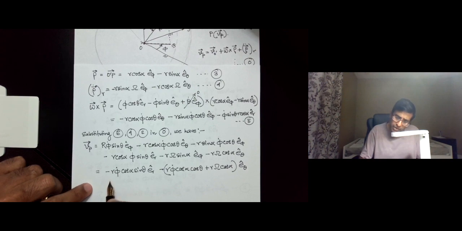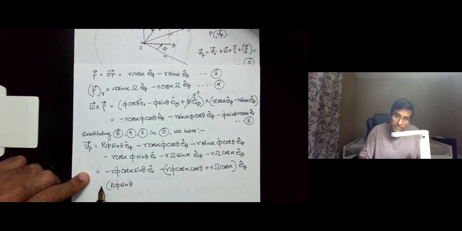And then we group together the terms that form the component in the e phi direction. So we have R phi dot sine theta, plus, minus small r phi dot sine alpha cosine theta, minus small r omega sine alpha e phi.